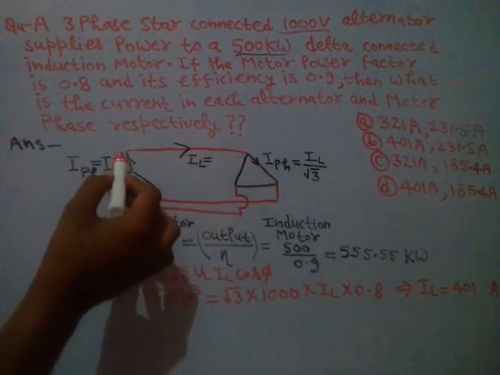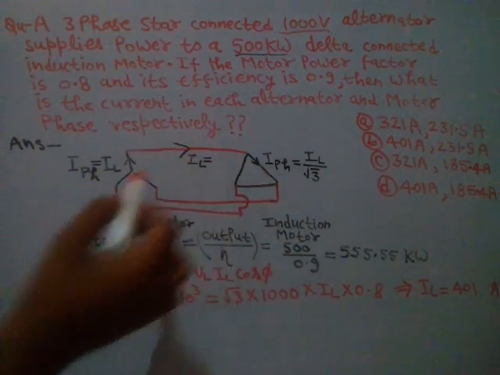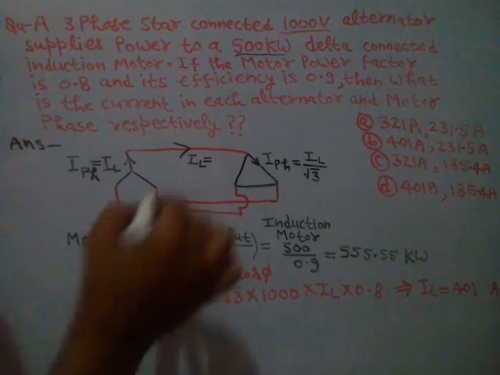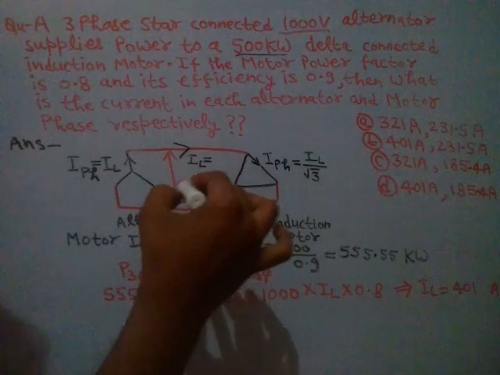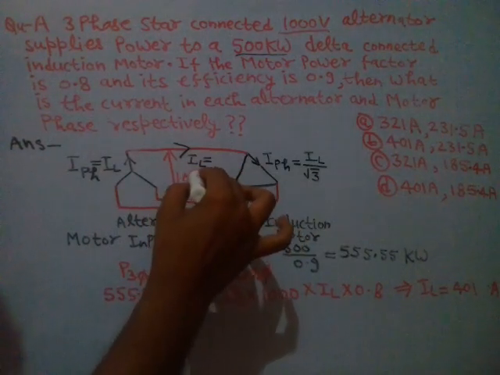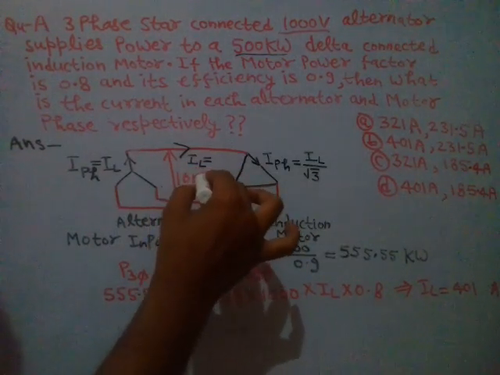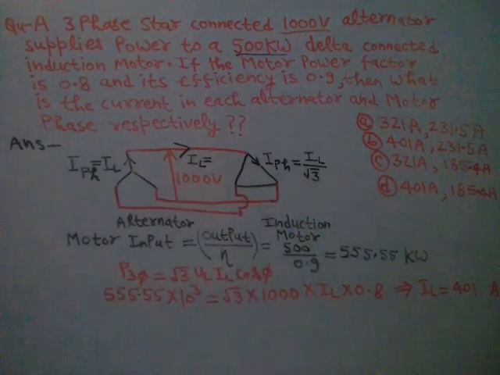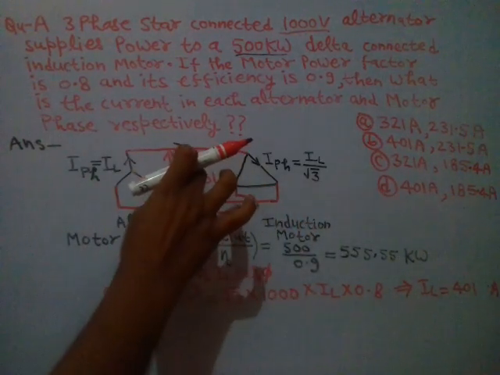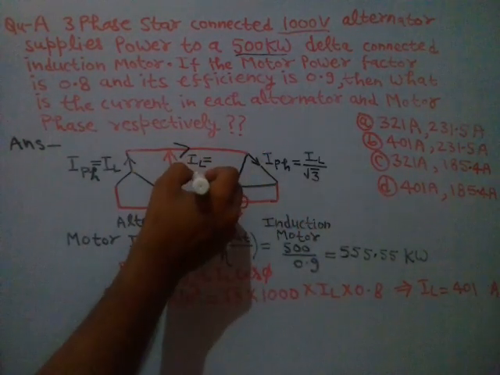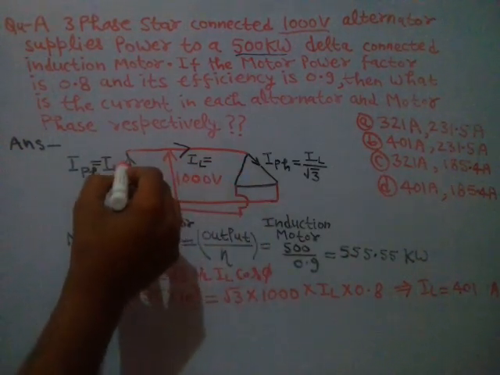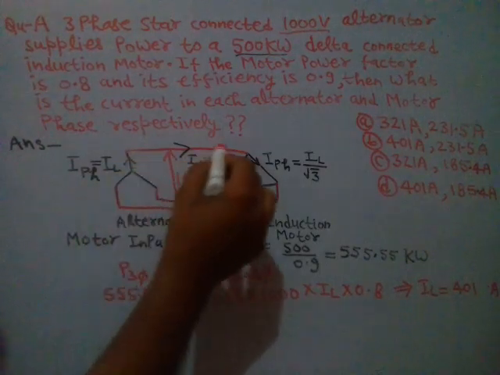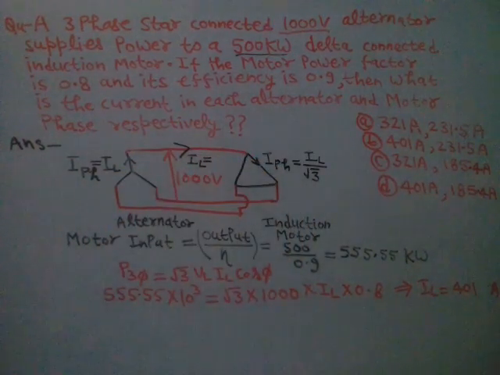This is the line current basically supplied by this three-phase alternator at a line voltage of 1000 volt. So now we have calculated the line current which is supplied by this alternator to this three-phase induction motor.